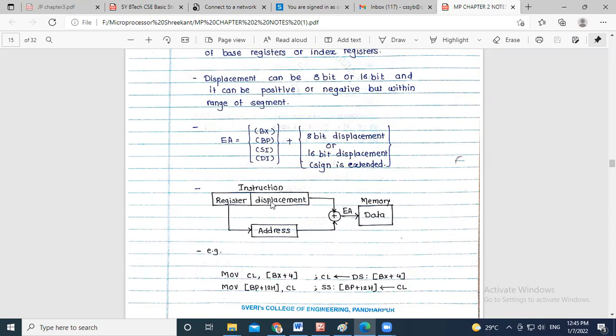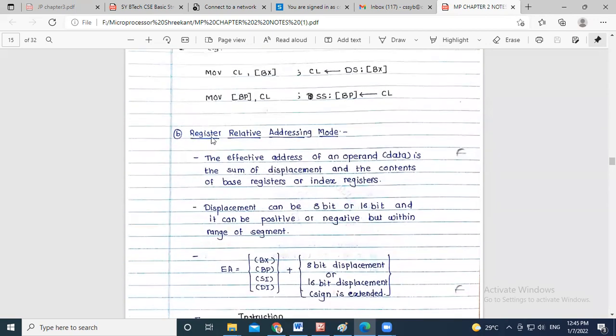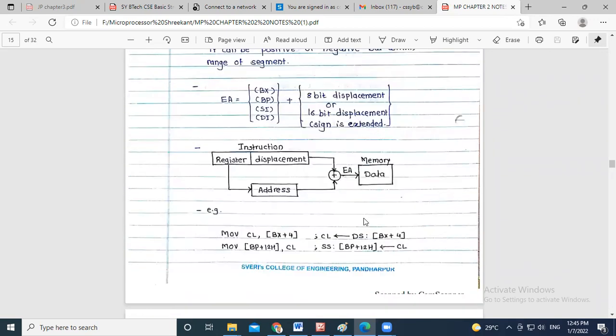The register and displacement are present in the instruction along with the address, and this entire summation, the plus operation, gives the effective address. In the effective address again we point to the data present in the particular memory. So that's what we call the register relative addressing mode.